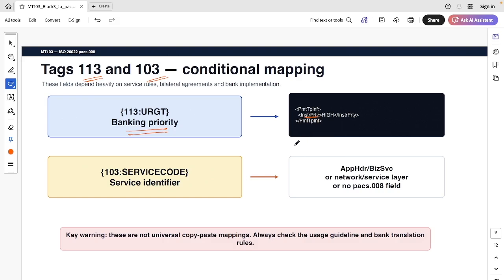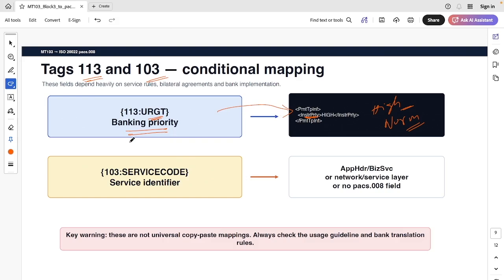Common ISO 20022 values include HIGH and NORM. HIGH means high priority, and NORM is normal priority. Therefore, if the source field clearly indicates urgent or high priority processing, and if the applicable translation rules support it, field 113 may contribute or fit into this particular element.